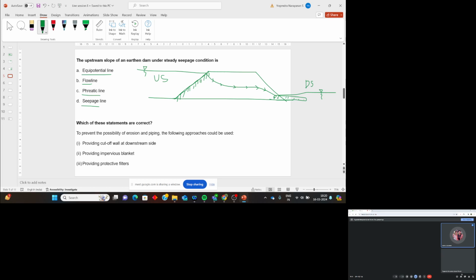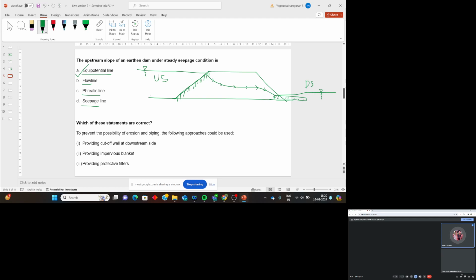The total head is the same at every point. So which is the characteristic of an equipotential line? Okay, sir. So it is always an equipotential line.